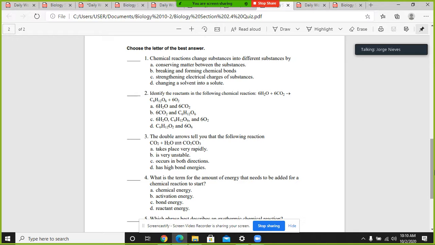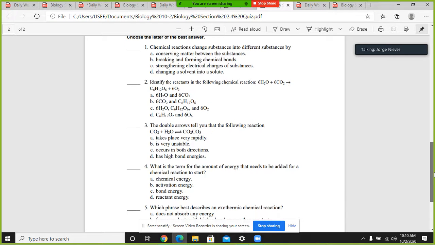Okay. The first one said chemical reaction, ¿verdad? Debe de tirarle fotos o hacer algo con esto. Okay. Chemical reaction change substance into different substance by. So the answer here, vamos a ver cuáles son las respuestas. Conserving matter between the substance, breaking and forming chemical bonds, straightening electrical charges of substance, or changing a solvent into a salt.